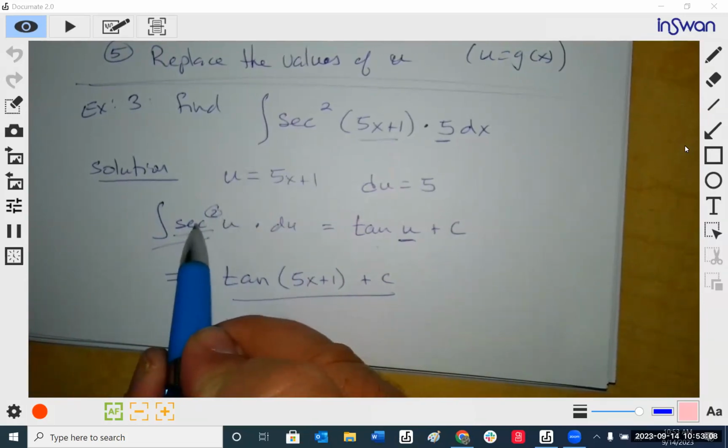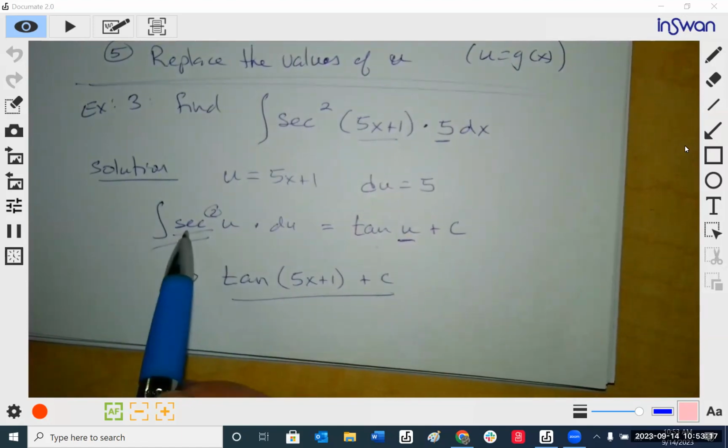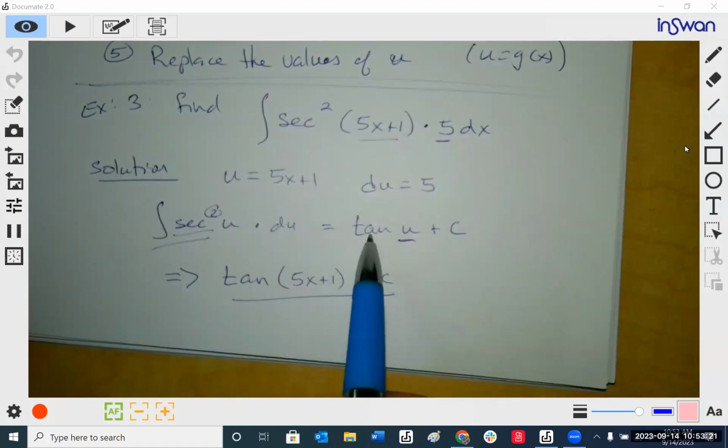There is no secant cubed over 3. We could spend the next class period going through and finding out why the derivative of tangent is secant squared. Once we see that, then we can work backwards to get that the integral of secant squared is equal to tangent.